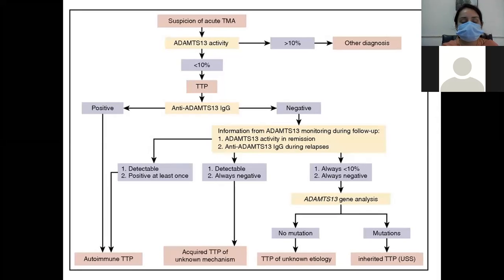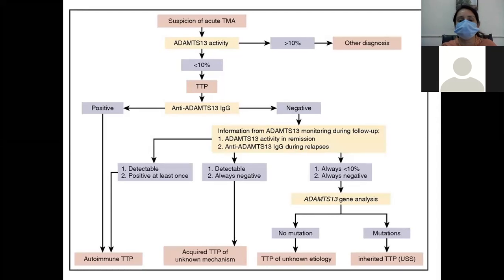Then we will further evaluate the anti-ADAMTS13 immunoglobulin G. If it is positive, then it will be autoimmune TTP. If it is negative, then we will go for other workup.